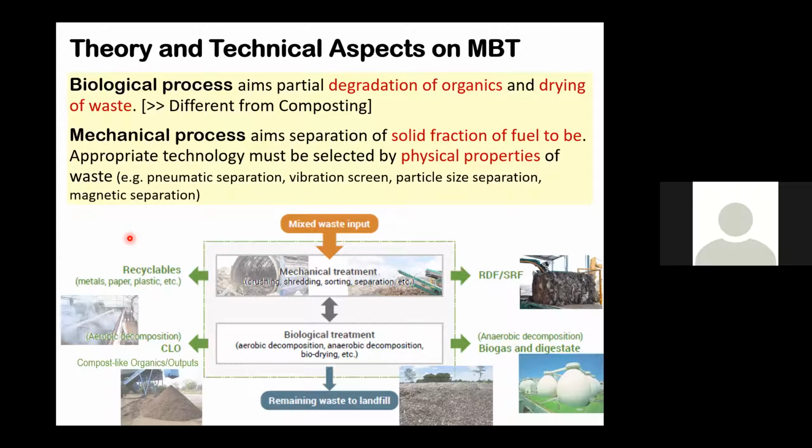And the other remaining part is generally sent to the waste landfill. But once we adopt more separation or sieving processes, we can also obtain some fine fractions, so-called compost-like organics or compost-like outputs, CLO, that have potential use in the construction industry.